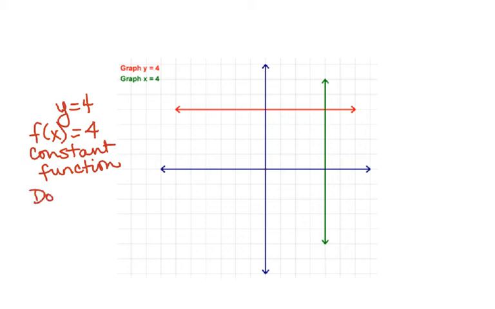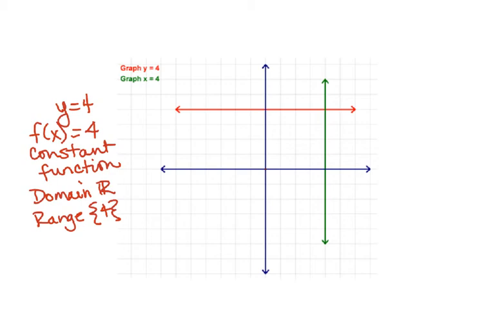Its domain is the real numbers, but its range is 4. That should be fancy brackets. I'll rewrite that so it looks better. Okay, so a horizontal line is a function. It's a constant function. The range is limited to just that constant.